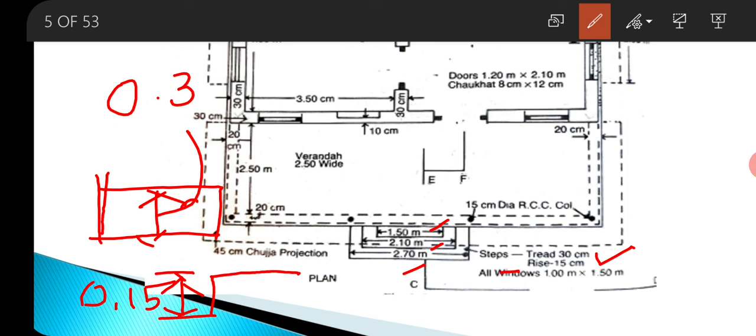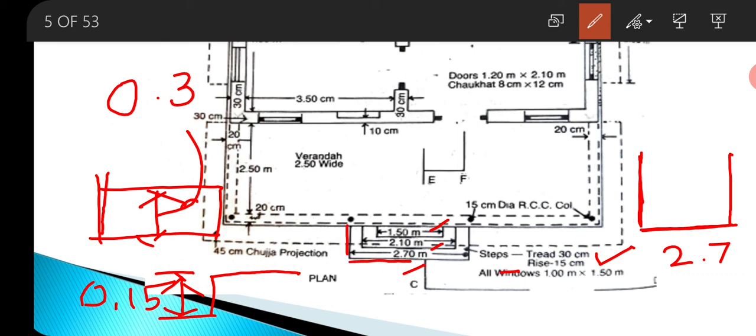Okay. So for calculation of brickwork, first we will go for the brickwork in this manner. So this is the 2.7 meter, the length of the first step. Then what will be the breadth?